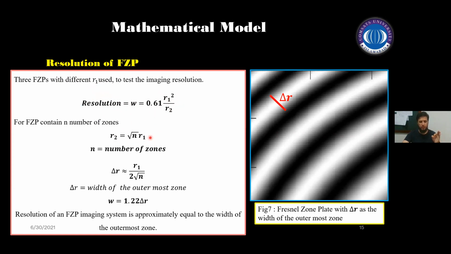If we have n number of zones in the FZP, then R2 is equal to this, and delta of R is approximately equal to this. Here delta of R is the width of the outermost zone, and the resolution depends upon delta of R, the width of the outermost zone.